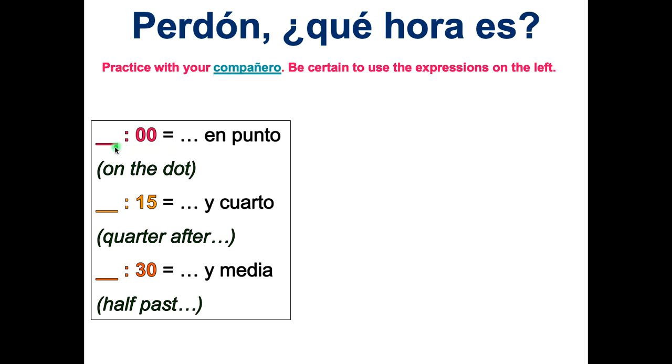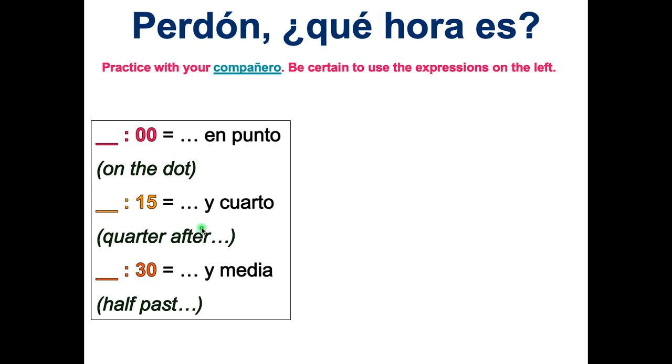En español, we say son las 5 en punto. Okay? When it's 5:15, we'll say son las 5 y cuarto, which is a quarter after. And when it's 5:30, we'll say son las 5 y media, which is half past. Okay, so go ahead and make a note of that on your sheet of paper so that you know.